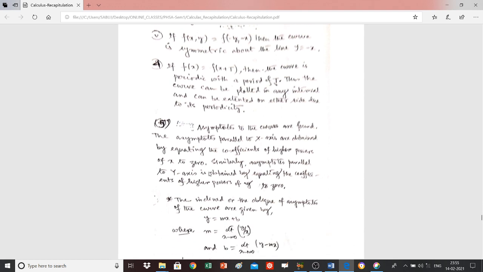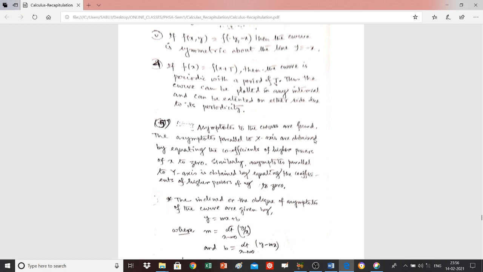Asymptotes to the curves have to be found out. The asymptotes parallel to the x-axis are found out by equating the highest power of x to 0. In a similar way, the asymptotes parallel to the y-axis are found out by equating the highest power of y to 0.